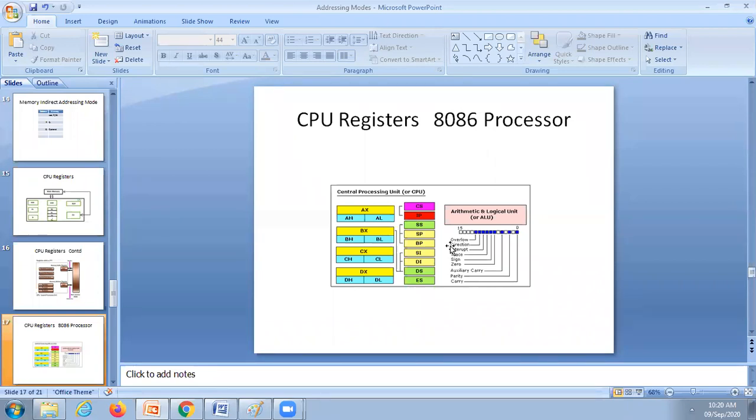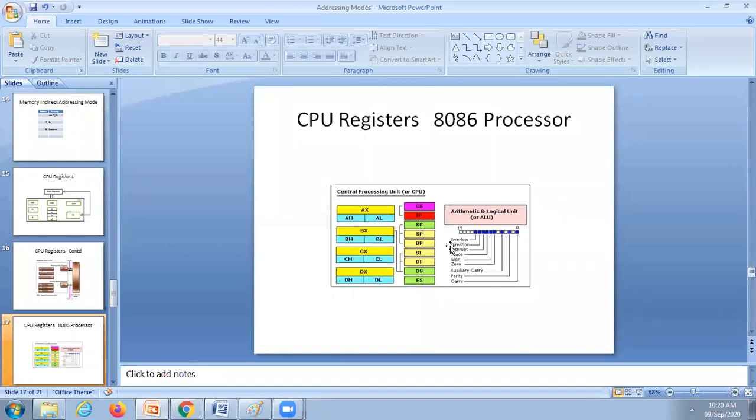But the common registers, what I told earlier: program counter is common. Similarly, stack pointer is common, instruction register is common, program status word is common, memory address register is common, memory data register is common.